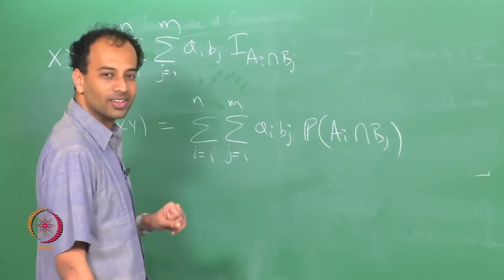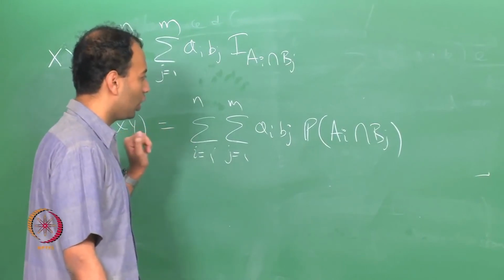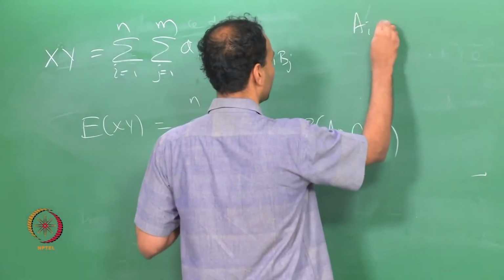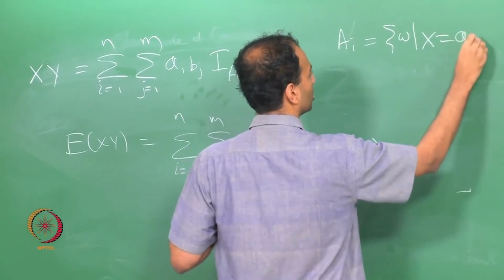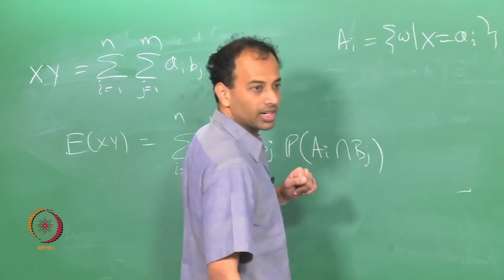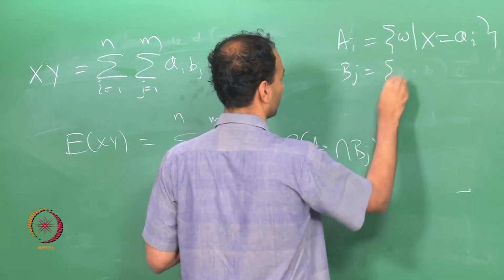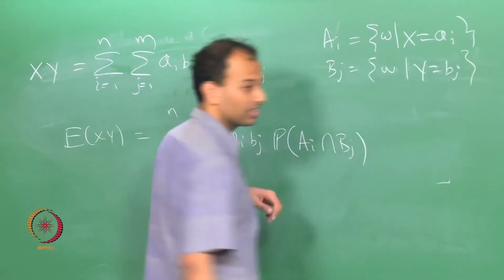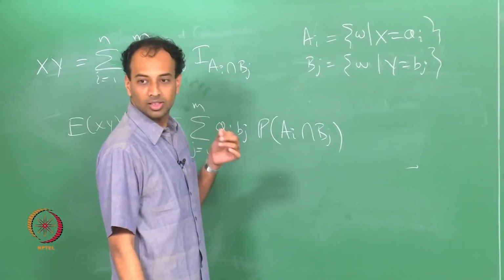So now what can you say? Now is the key step. After all, what is A_i? A_i is the event that x is equal to a_i, correct, and B_j is the event that y is equal to b_j, correct, fine.